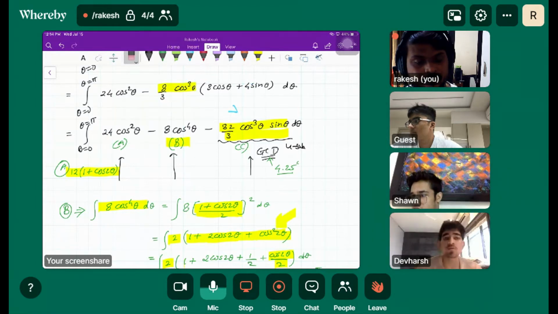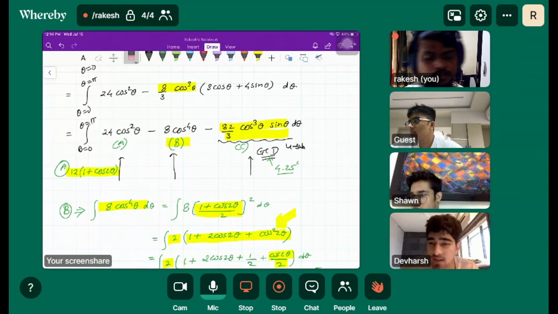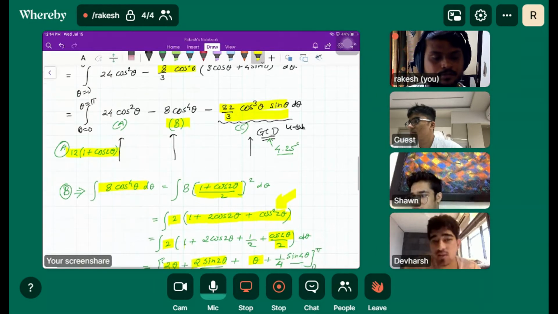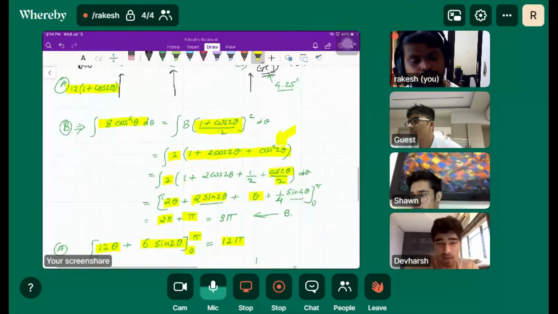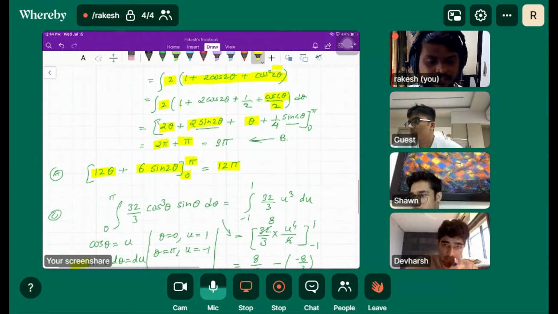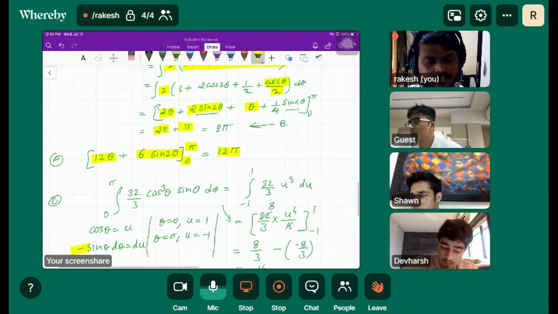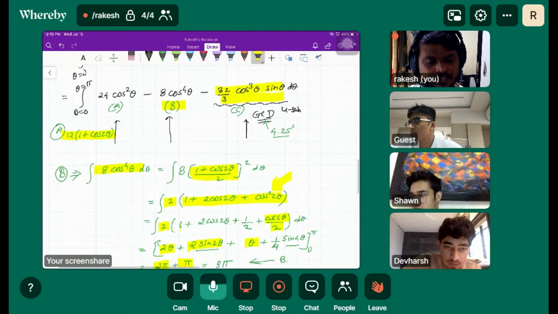See here, this was the original, and then you had to multiply. So we got the right term there that I was checking. So this is 32 by 3 cos cube theta sin theta.